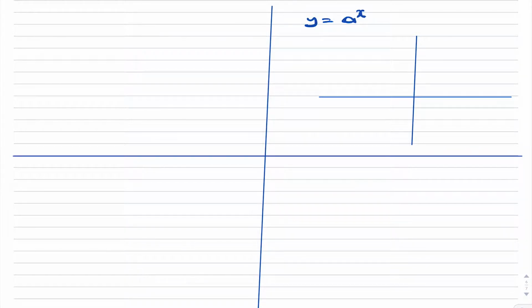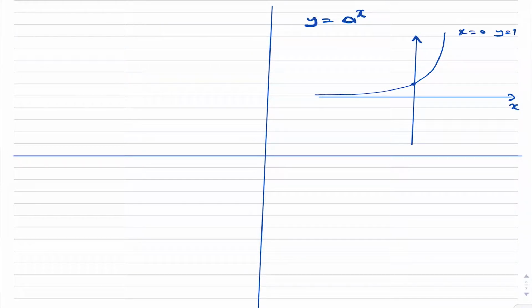And then when x is 0, in this case, y equals 1. So that's the point of interception. And because the constant here is 0, the line of asymptote will be 0. So the curve will be coming there and then go that way. So that's what that looks like.